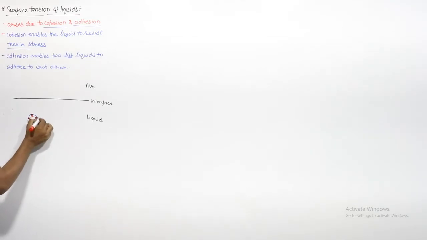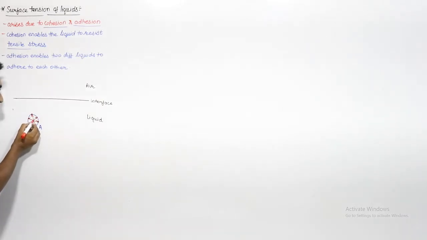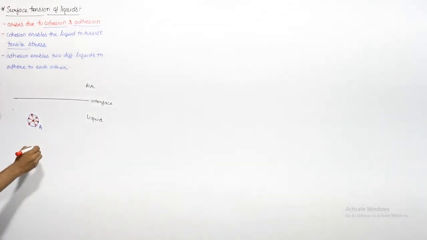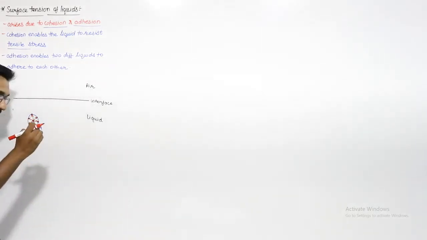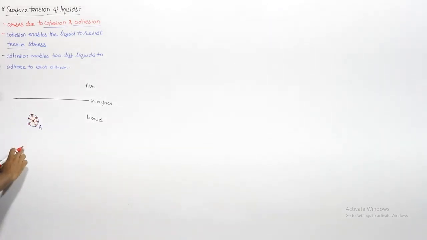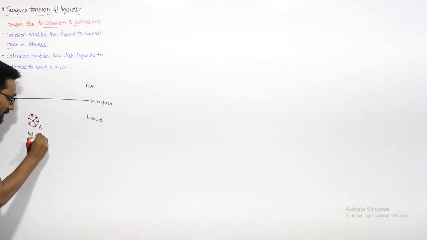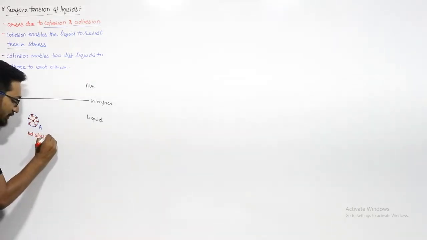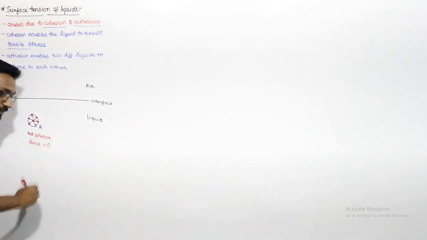This is the sphere of influence. So we can say that this molecule A is in equilibrium, because of the surrounding particles, the net cohesive force on this particle A will be 0.